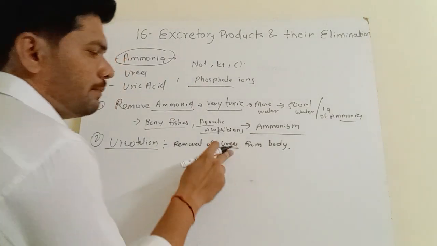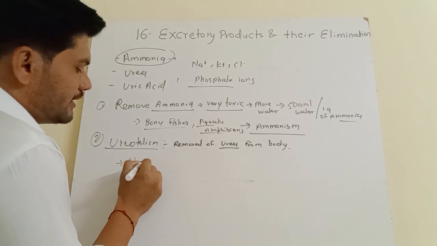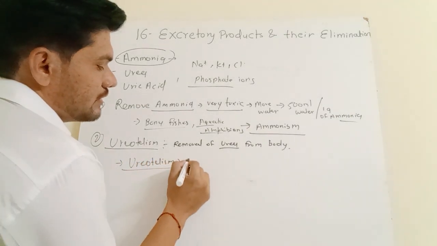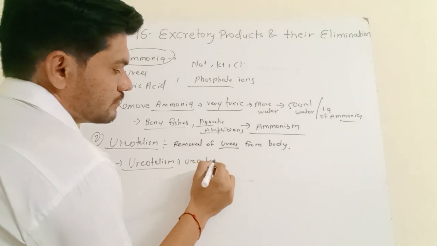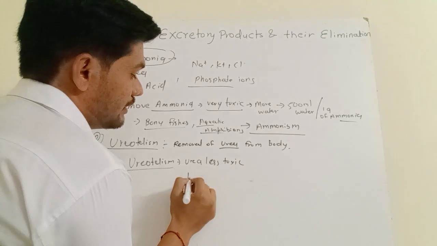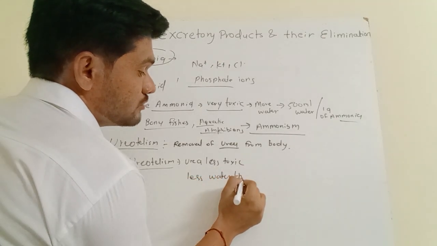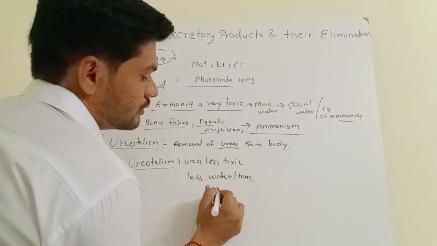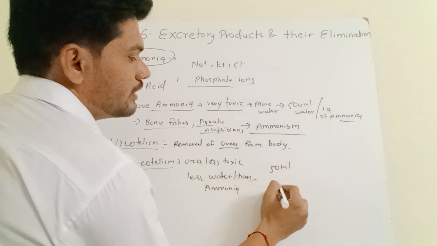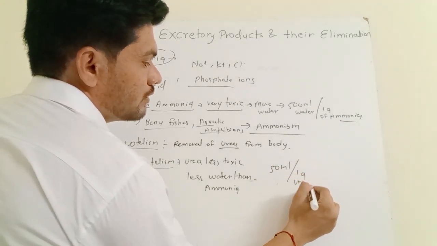The organisms performing this kind of excretion are ureotelic. Urea is less toxic, so it requires less water to remove than ammonia. Almost 50 ml of water is required for 1 gram of urea.